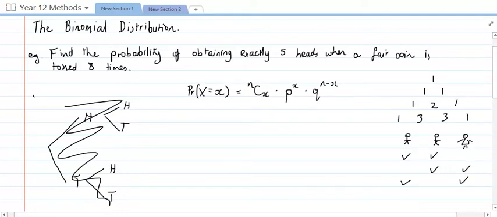The other things we need to note here: x is some kind of score that we're going to be looking for. So we'll say x is equal to the number of desired outcomes.